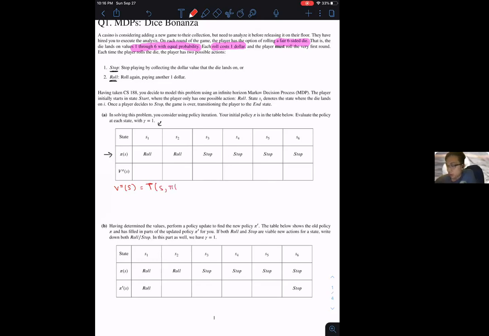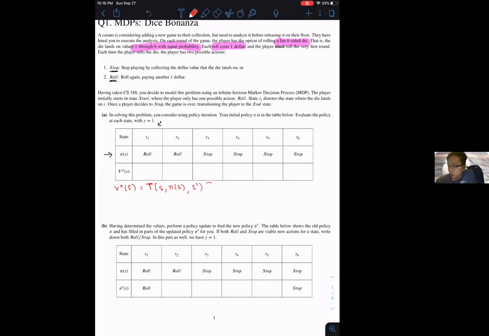If we consider the action of a specific state to be pi of s, which is the action from the policy that we associate with the state s, then we have to take into account the transition probability of going to any other state s prime.